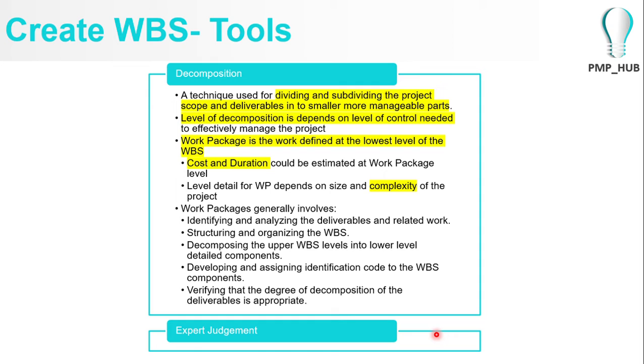From the woodwork, you go down to doors and windows and your flooring. Flooring you can again divide into maybe your stairway and your hall flooring, and the hall flooring can go into even more detail. So where do you stop? It's up to you, where you can manage your costing and manage your duration.